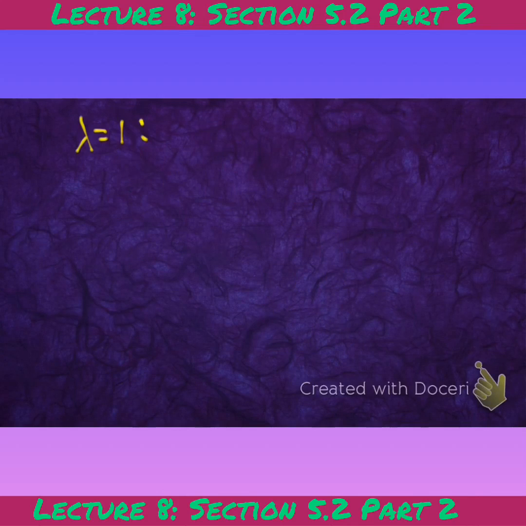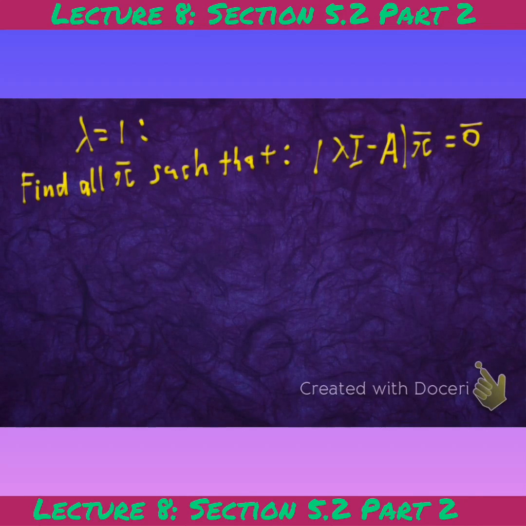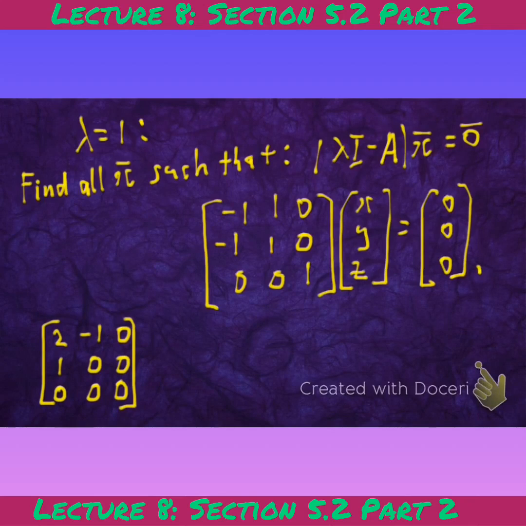And for lambda equals 1, we need all x's such that that expression holds. Recall what the matrix A was again. So there's my system. Right, so if lambda is 1, then it's going to be 1 minus 2, which is minus 1. It's going to be 1 minus 0, which is 1. And then another 1 minus 0, which is 1.